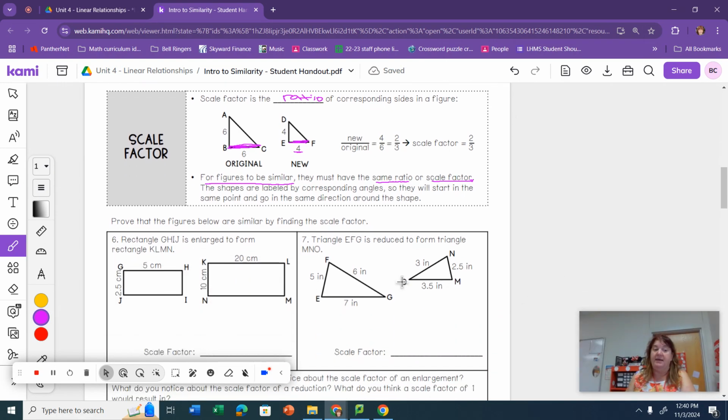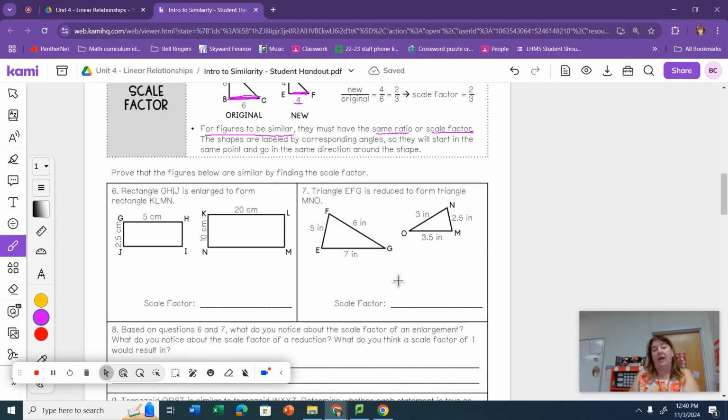Okay, so now let's look at this. Rectangle G, so we're starting on G, GHIJ is enlarged. It's going to get bigger to become KLMN. Okay? So what did we enlarge it by?